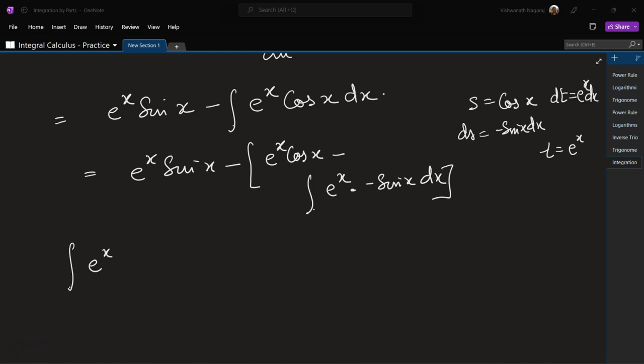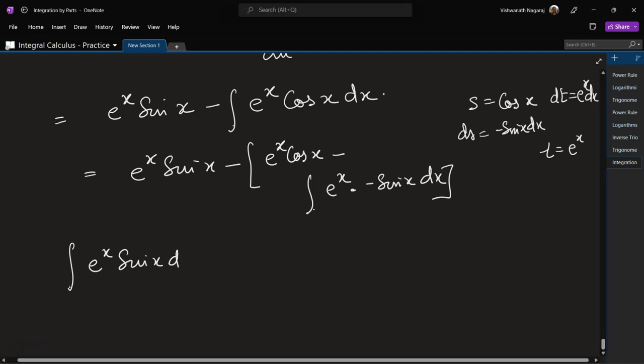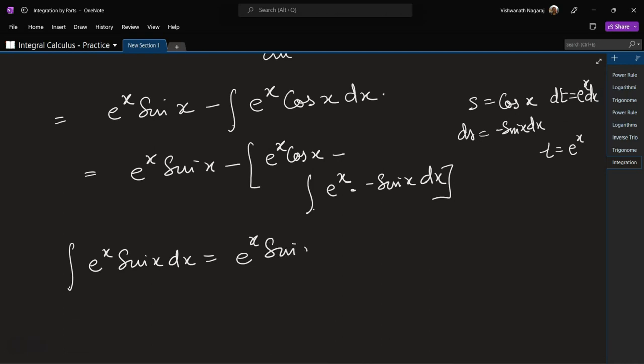Integral of e to the power of x sine x dx would be equal to e to the power of x sine x. Now let's open up this bracket. We get minus times plus minus e to the power of x cos x. We have minus times minus times minus, so that is minus integral of e to the power of x sine x dx.